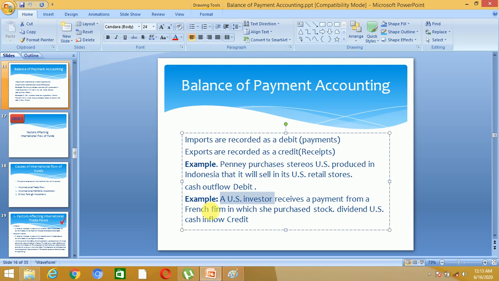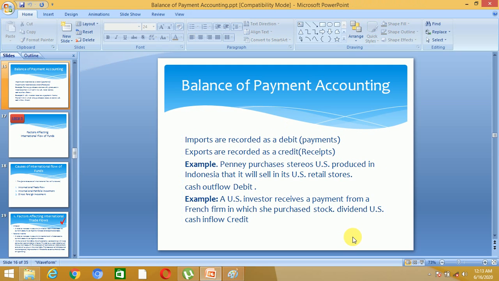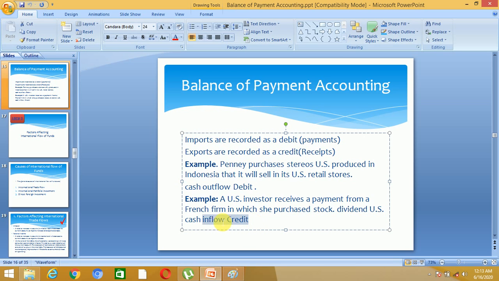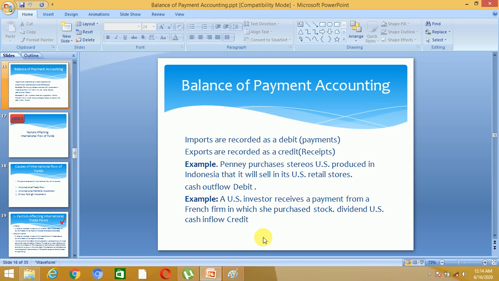He invests money in a French company, and now the French company paid income, meaning dividend. The US investor is sitting in USA and he is receiving money from a French company. So money is going to USA. So it is inflow for USA, meaning revenue, so it will be recorded as a credit.